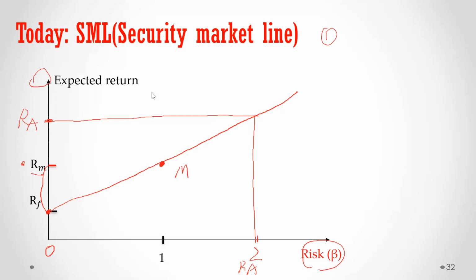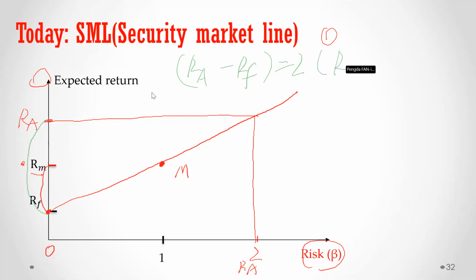And the risk premium for this financial asset A is simply the difference between the expected return of A and RF. So this is the risk premium for asset A. As you can see, the risk premium RA minus RF is 2 times as large as the market risk premium.